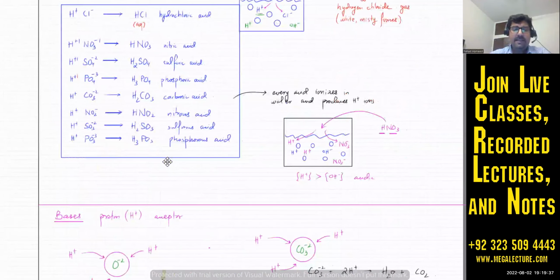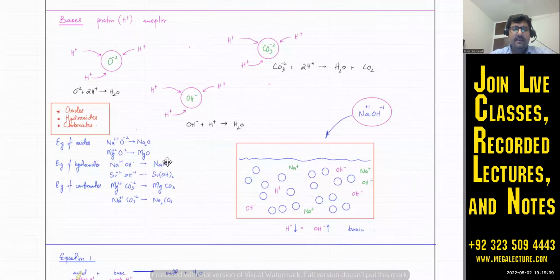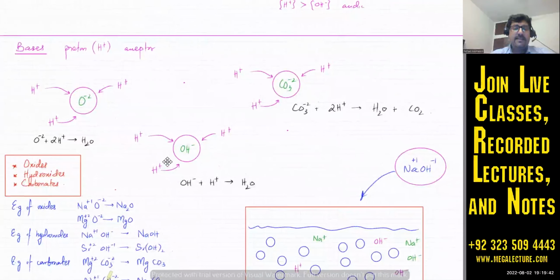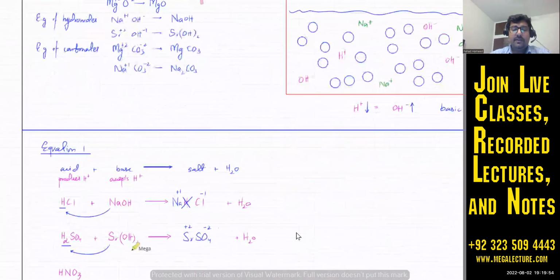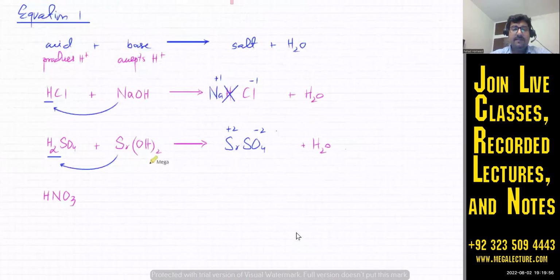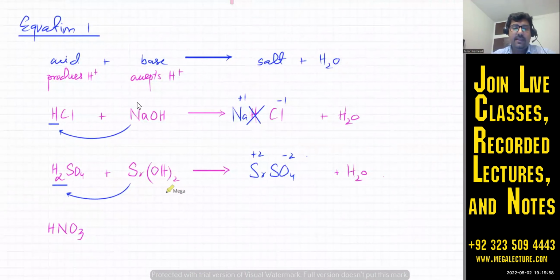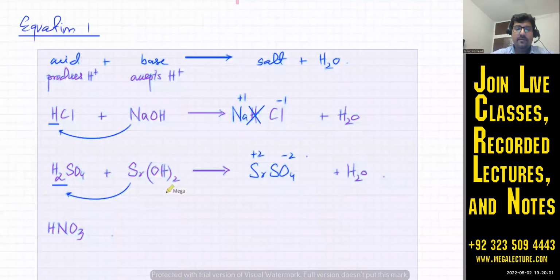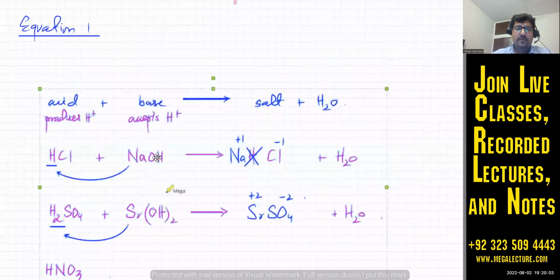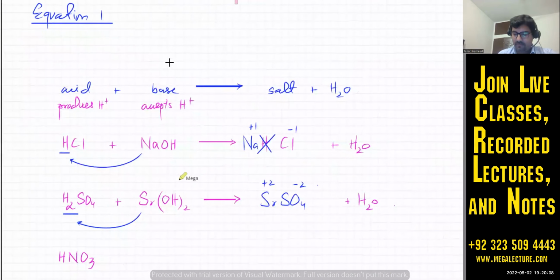Now we have discussed bases. What are bases? Bases are molecules or ions that accept H plus 1 ions. So you've got oxides, any compound that has O minus 2 in it, that's a base. OH minus 1 or CO3 minus 2, all of them are bases. So the first equation, I'll write it up on top here.